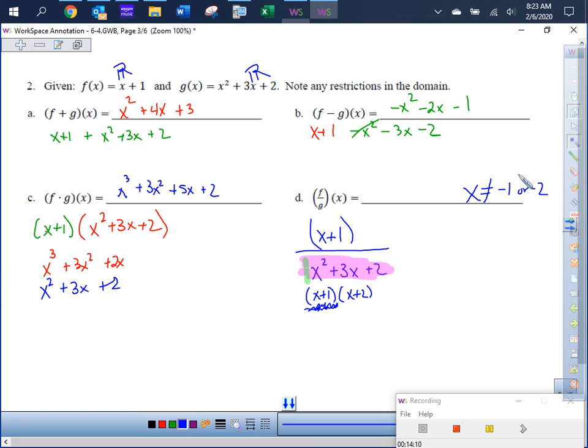And here's who the real troublemaker is. Even though -2 is going to cause some problems, -1 is even worse. Because -1, if he murders people, he's going to cancel those out. I know I make it up, but it's like, hey, -1's such a troublemaker that he murdered the people upstairs also that look just like him. So we can cancel those out to actually make our final answer 1 over x plus 2.